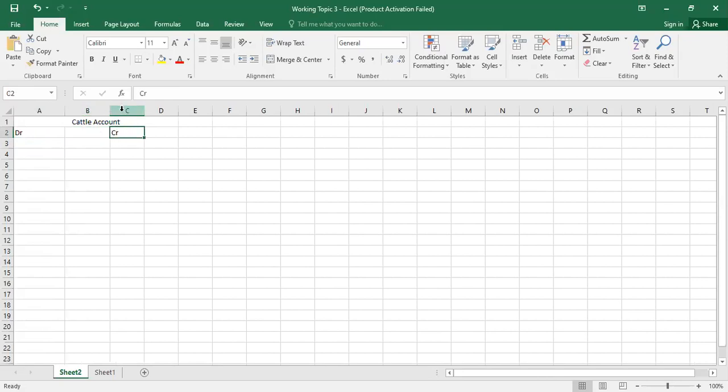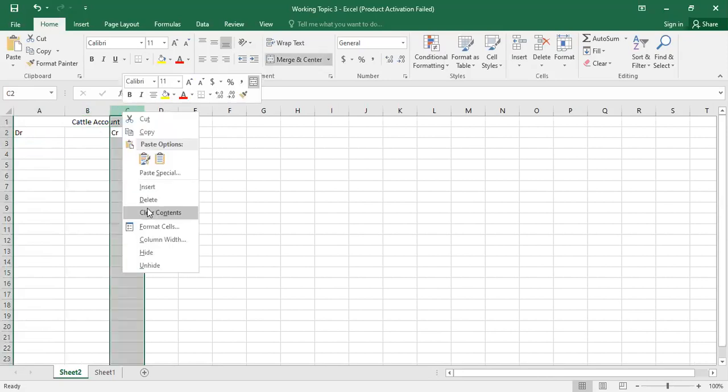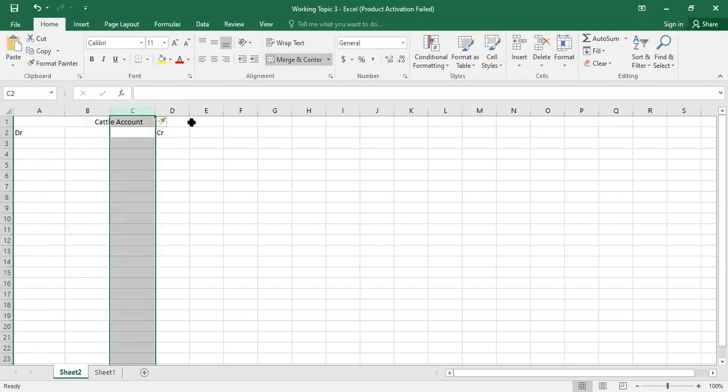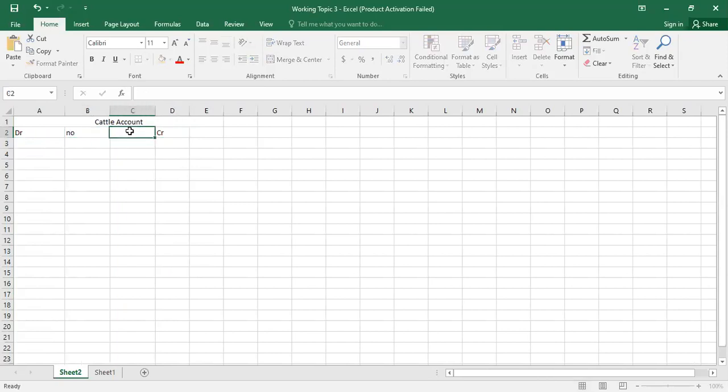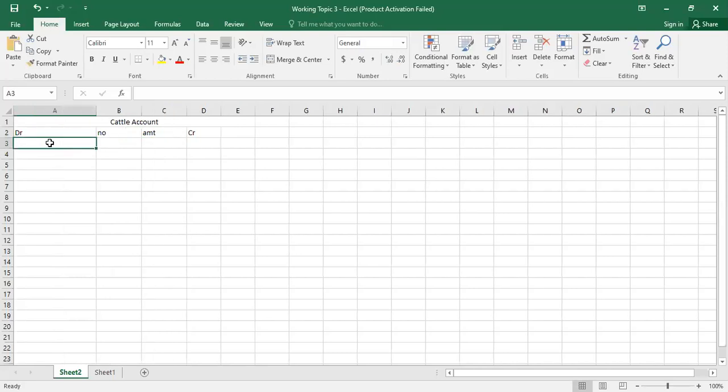So let me just add a column. So I'll have the number of cattle, and then I have the amount. Just want to show us how to navigate on this window. So I'm saying we have our opening stock.